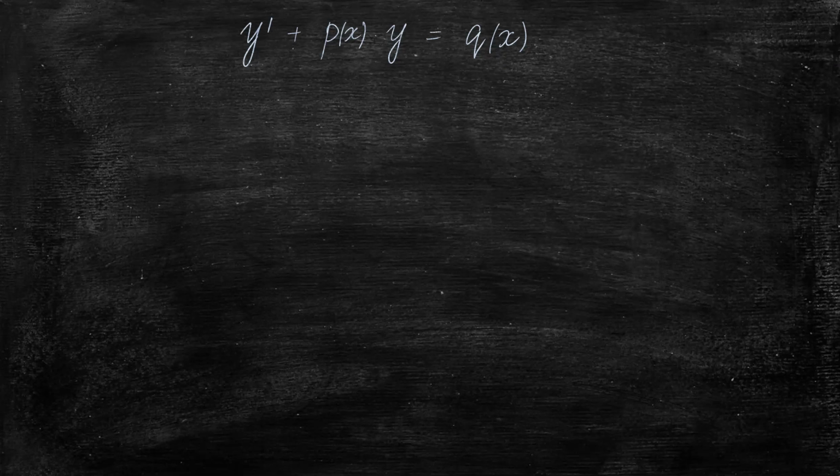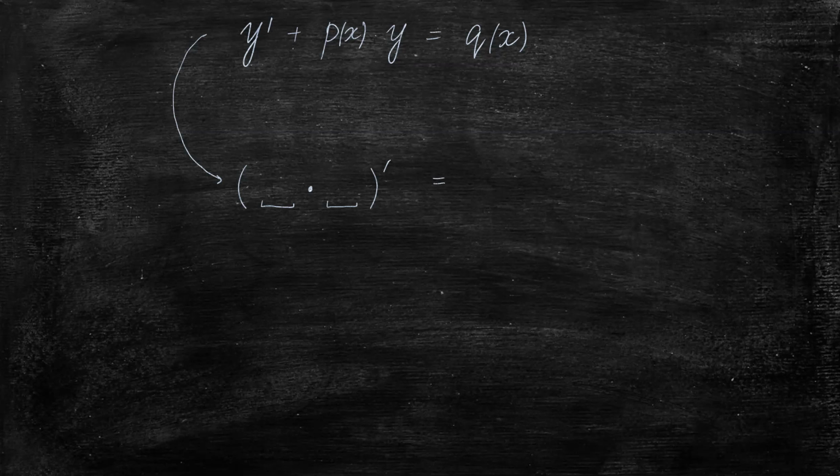so here's the strategy. The strategy is to turn the left-hand side into the derivative of some product. So we're going to have some functions here that are multiplied by one another, and then we have a derivative taken of all of it.